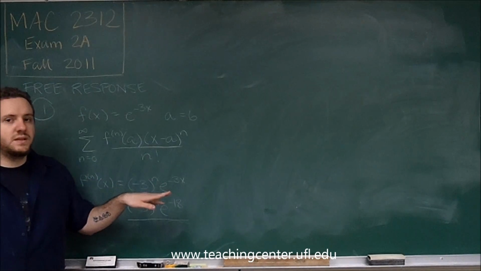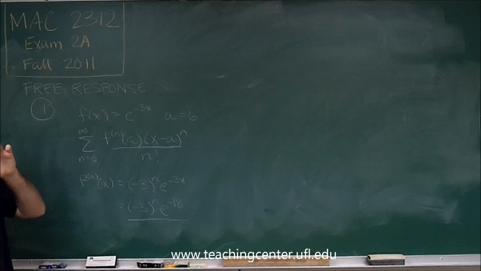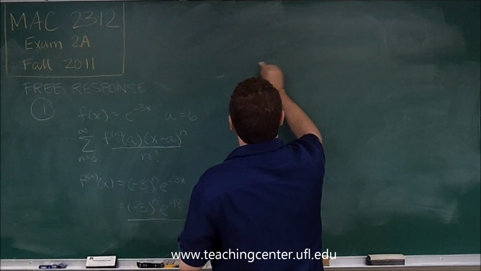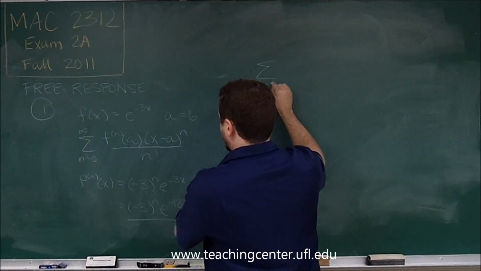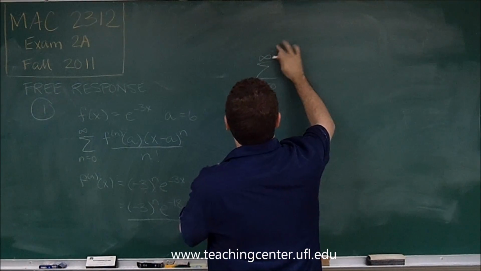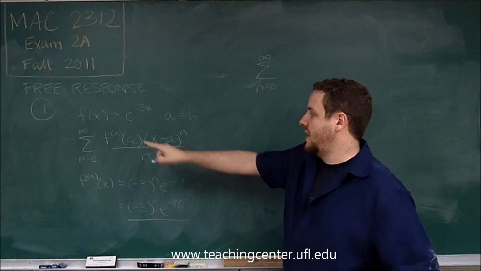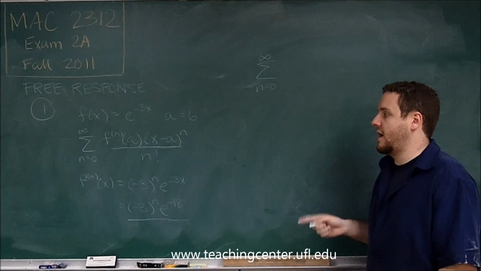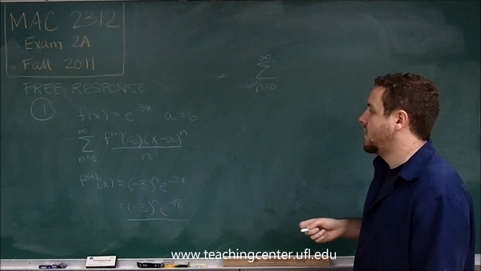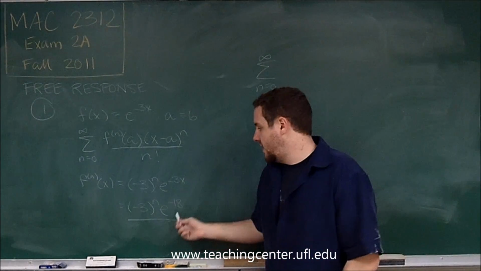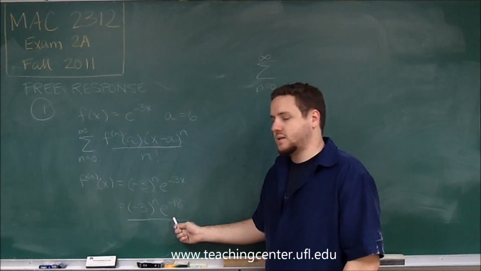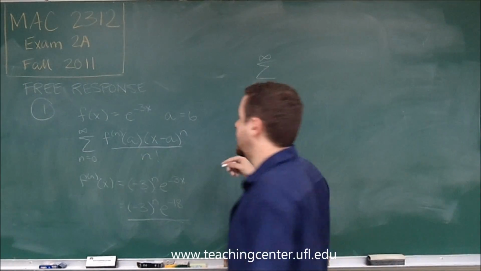The other two parts are pretty self-explanatory. So what we can write here is our new series with this correct information. Instead of the nth derivative of f at a, we can substitute this. Now e to the negative 18 is just a constant, so it doesn't have to be in the series.